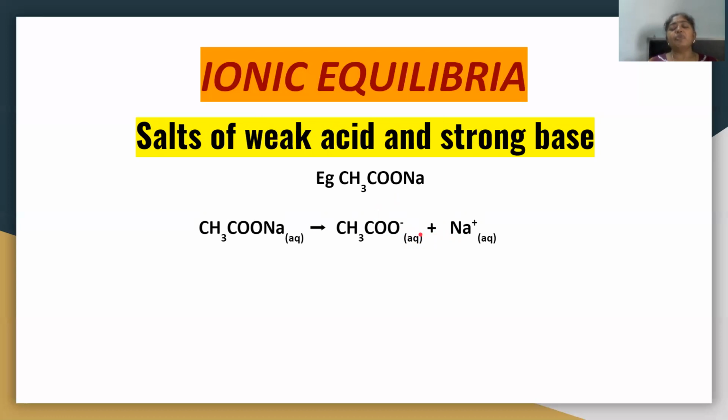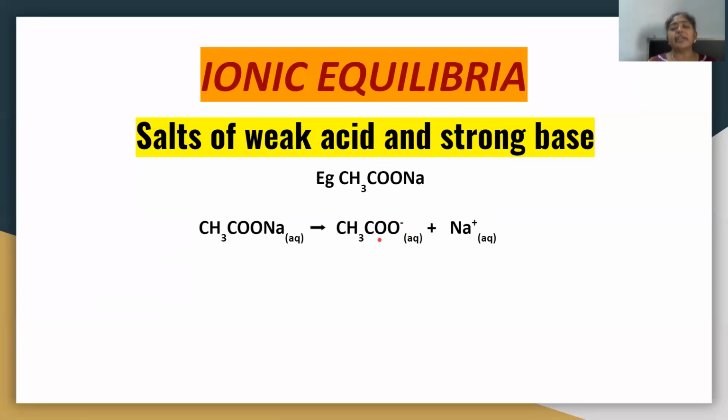Now, when I'm putting this in water, what will happen? First of all, it will split to form the constituent ions. Then these ions will react with the ions of water, right? So this is a negative ion, so it is going to react with the positive ion of water. That is, it will react with the H plus ions.